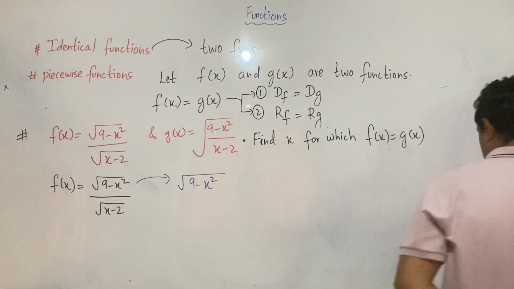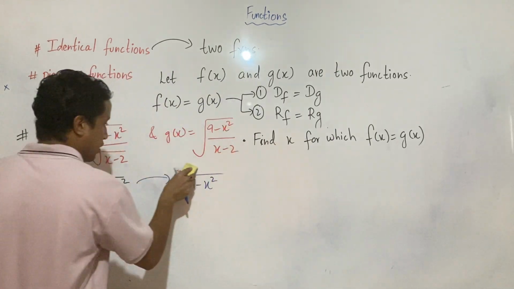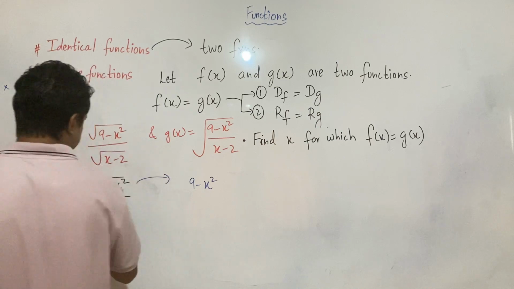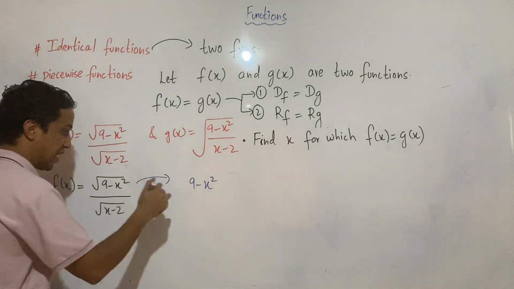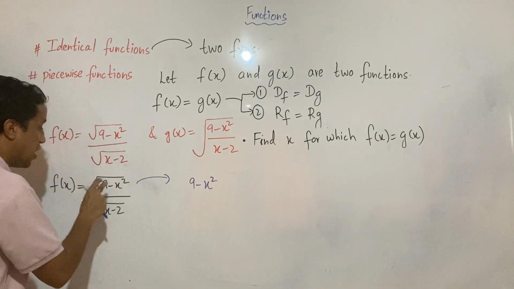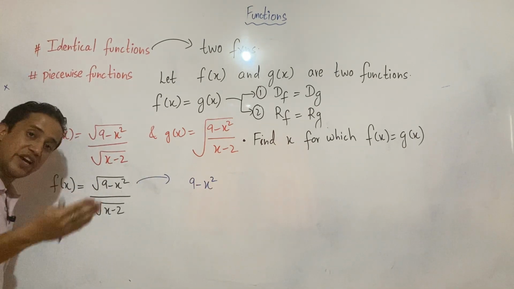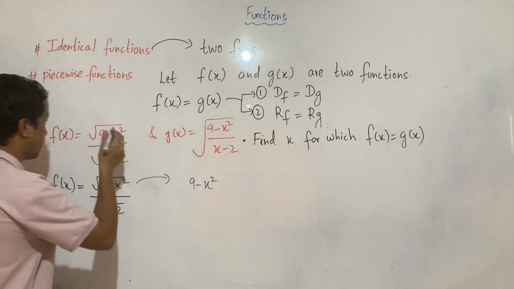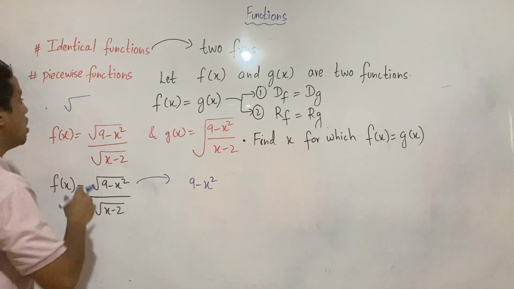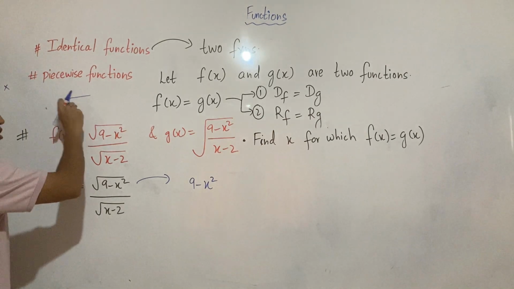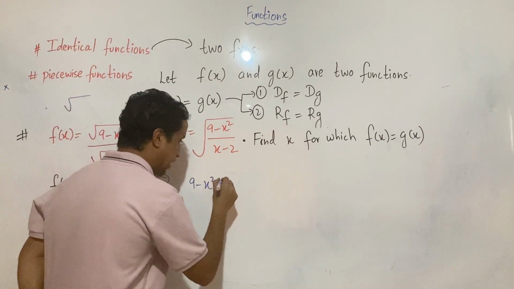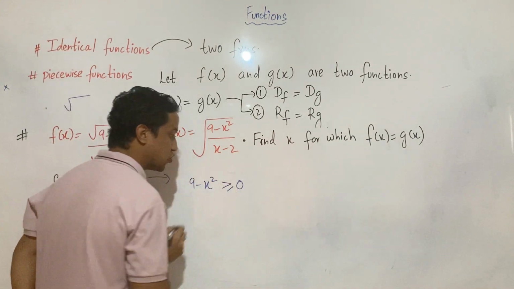What does it mean? See here, in the numerator you have an under root, and this thing is written inside the under root. So if you have to find the under root of something, this value must be 0 or greater than 0. So it means 9 minus x square should be greater than equal to 0.